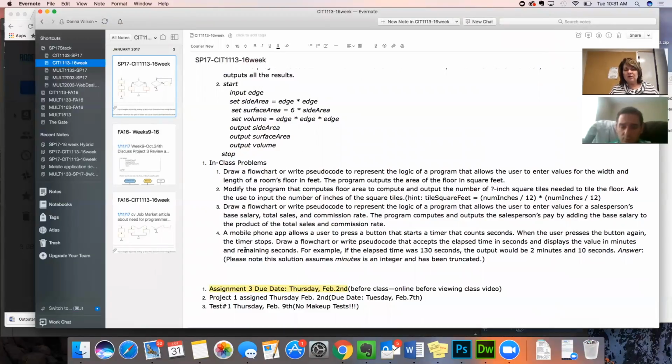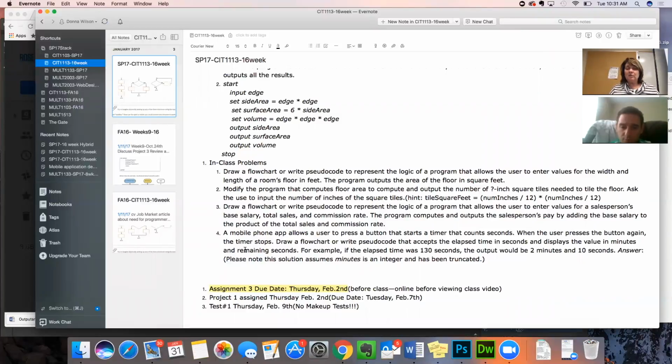Draw a flowchart or write pseudocode that accepts the elapsed time in seconds and displays the value in minutes and remaining seconds. For example, if the elapsed time was 130 seconds, then the output would be 2 minutes and 10 seconds. That's the key right there.